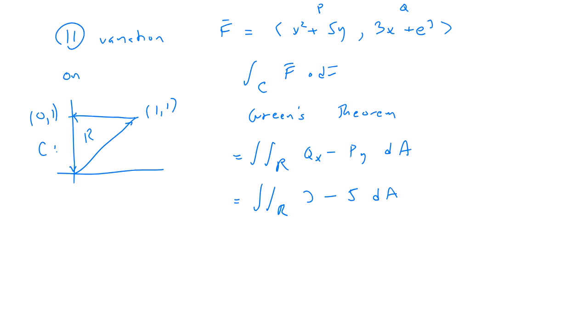So do I actually have to do the integral here? Do I have to set up the integral and go through the antiderivatives? Nope, because since it's a constant, I can pull that out, and the double integral is just going to give us the area, right? And the area of this is 1/2.